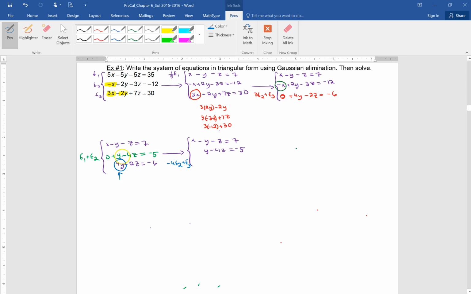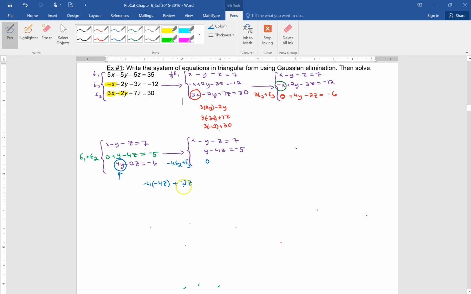Here, negative 4y plus 4y is 0. Now, negative 4 times negative 4z plus negative 2z, how much is that?